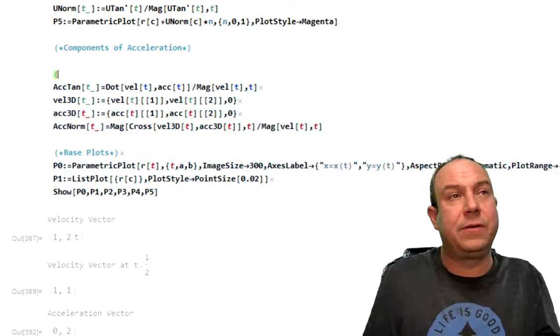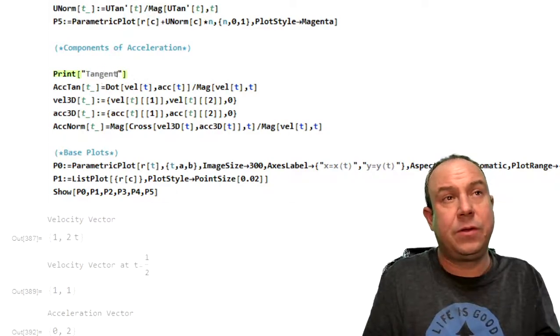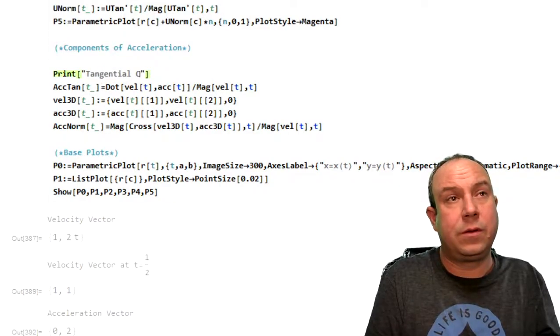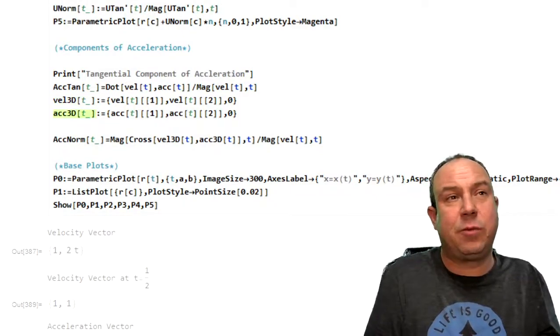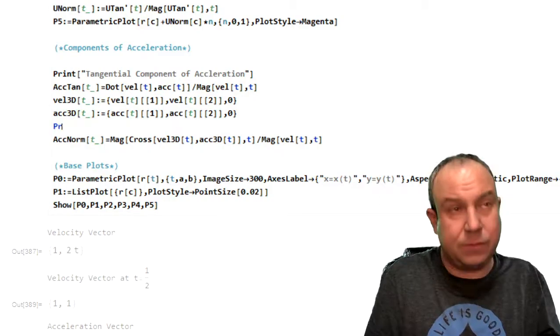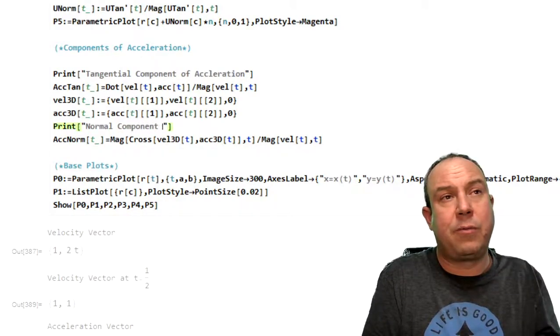What am I doing here? Let's print our tangential component of acceleration, and then we go through all this work, and then this will print the normal component of acceleration.